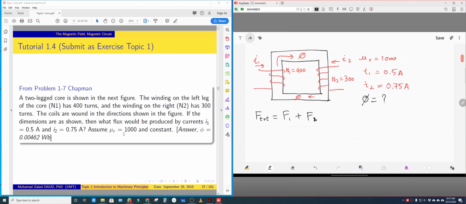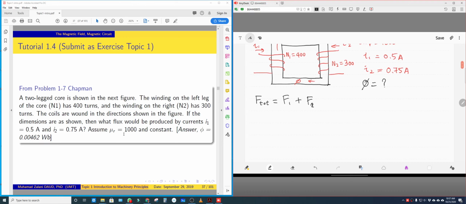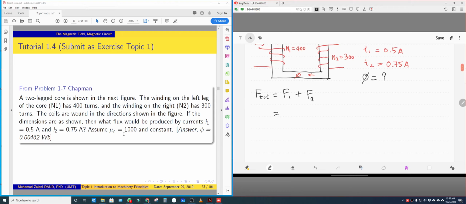F1 refers to the MMF at the left-hand side, which is from I1, and F2 is from I2. So from here, we have N1 I1 plus N2 I2.